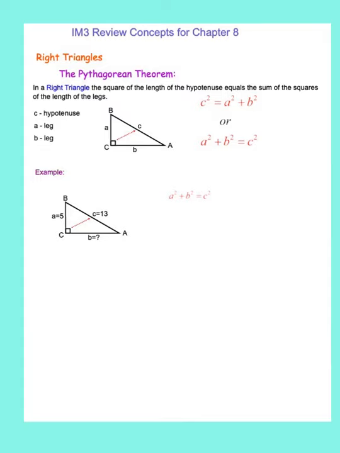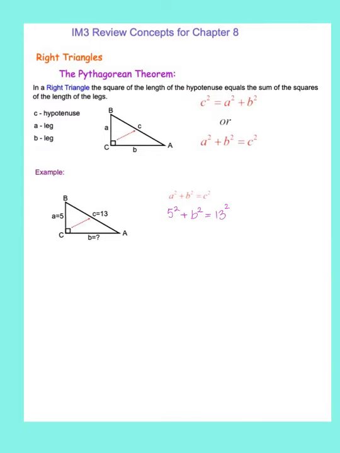In the example, we have the length of the side A is 5, so let's substitute 5 for A. So 5 squared plus the length of the side B is unknown, so I'm going to leave it as B squared. And the side length C is equal to 13, so that's going to be 13 squared.